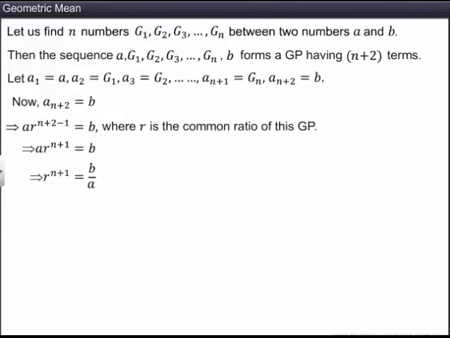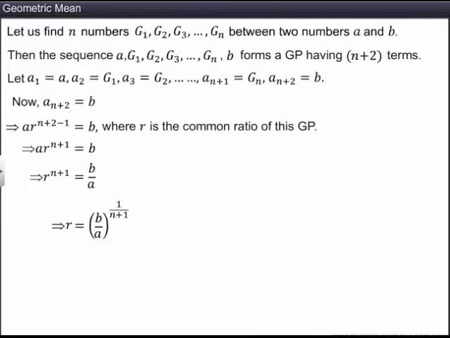Now, let us find the numbers G1, G2, G3 and so on, one by one. G1 is the second term, which is given by a into r.